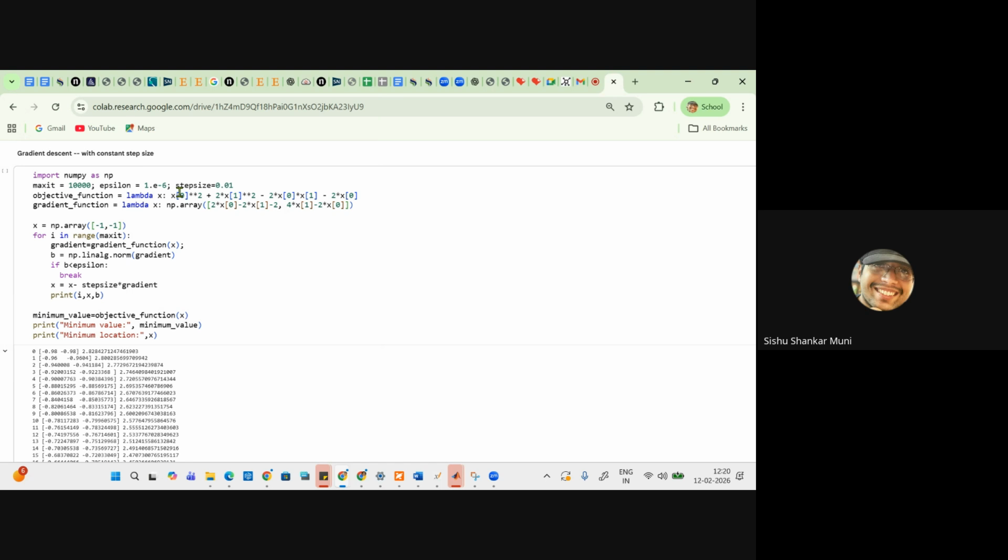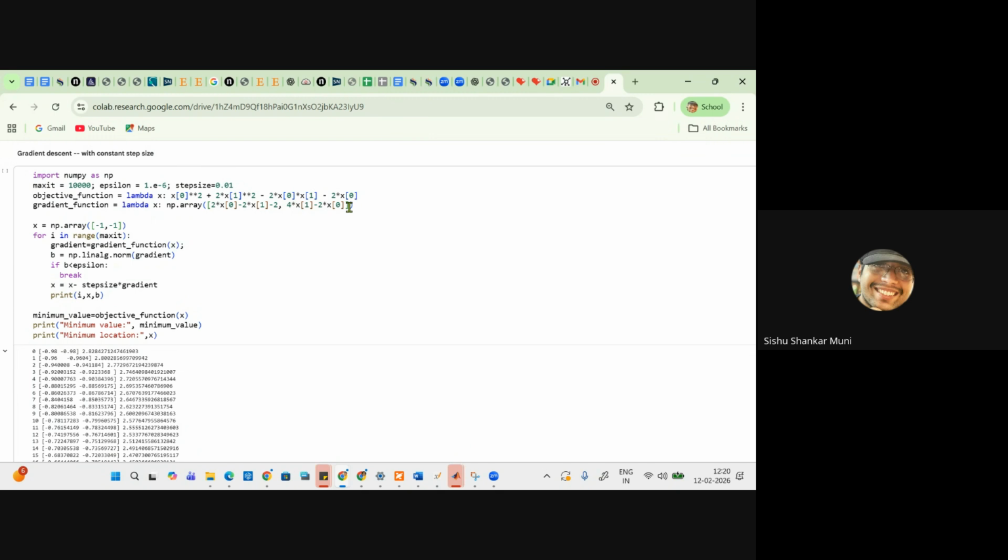You can see x0 double star 2, x squared, plus 2y squared minus 2xy minus 2x. That's the objective function. And you can compute the gradient also. Gradient is a vector, so you get 2x minus 2y minus 2, comma 4y minus 2x. I am giving the gradient function also.